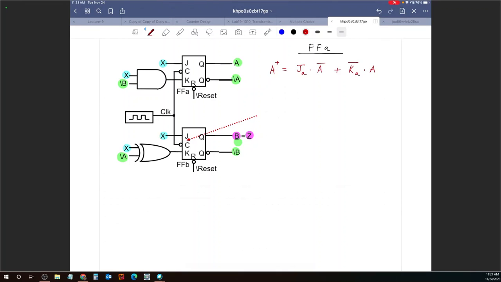Now our state is A and B, so our Q plus and Q are replaced with A plus and A. JA and KA represent the J and K inputs of flip-flop A. Are you guys okay with the equation at the top of the screen?